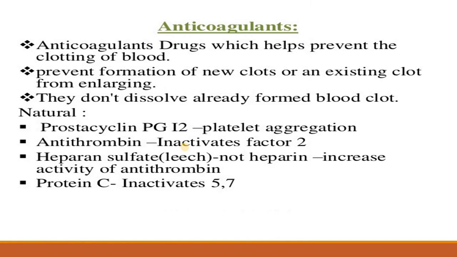Anticoagulants are drugs which help prevent the clotting of blood, prevent formation of new clots and extension of existing clots. Prostacyclin inhibits platelet aggregation, and then antithrombin inactivates factor 2.